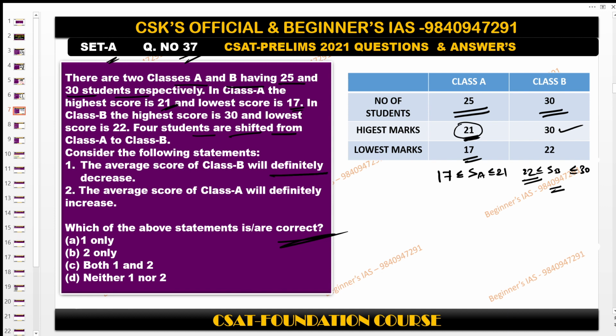So the first statement is right. Now the second statement, the average score of A will definitely increase. Since the highest-mark people are moving, obviously it will decrease only, it will not increase. Therefore this statement is wrong. So the answer for this question is option A.